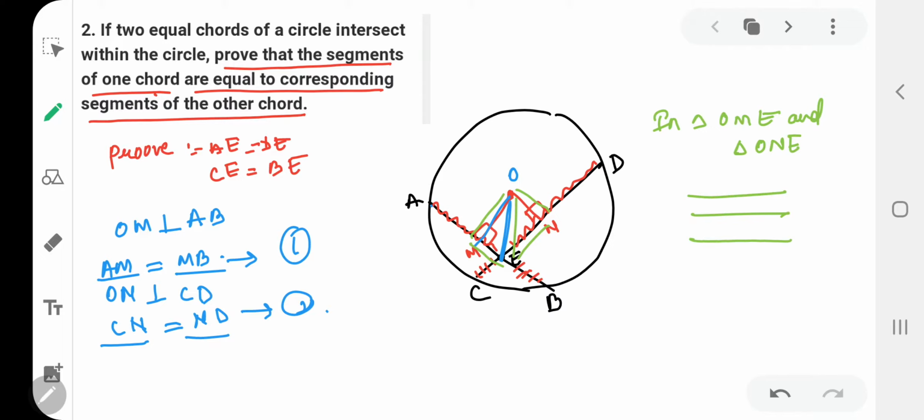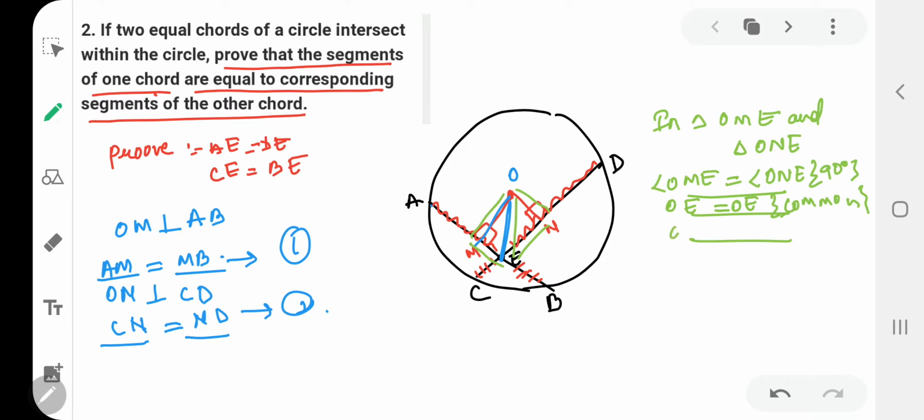Your one reason is angle OME is equal to angle ONE because both are 90 degrees. OE is equal to OE because that's a common segment in both the triangles. Next, what do you have?